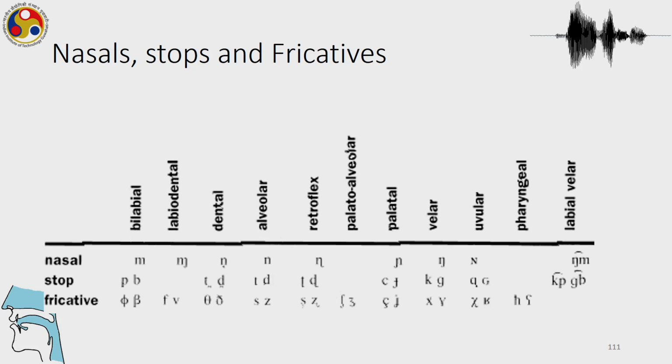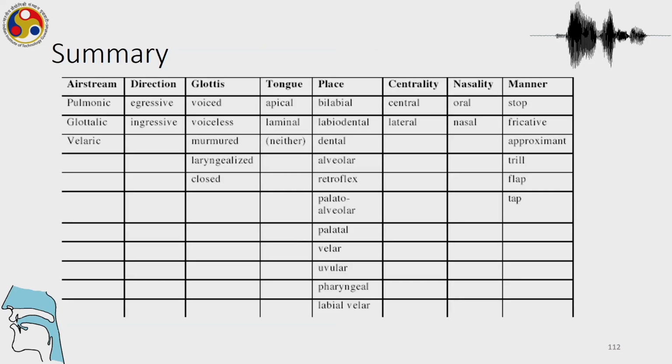Palatoalveolar place of articulation, fricatives are often seen and not stops and nasals. In the palatal region, all three of them. In the velar region, all three manners of articulation. In uvular also, all three manners of articulation are possible. In the pharyngeal region, it's mostly fricatives, and in labiovelar place of articulation we find only nasals and stops.